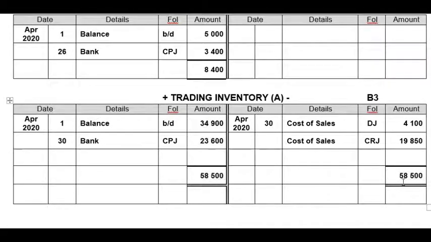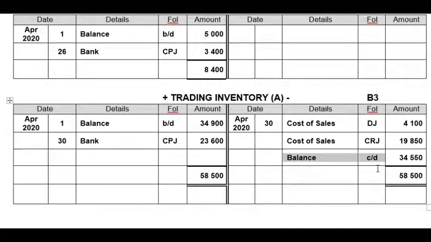Then on the smaller side, you say 58,500 minus 19,850 minus 4,100. In other words, you get the difference between this amount and these two amounts, giving you 34,550. And this is the balance that you will carry down to the next month.